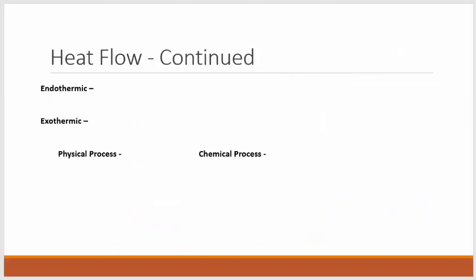All right, let's talk about heat flow now. We're going to describe two terms here: endothermic and exothermic. The two prefixes, endo and exo, basically mean inside and outside. If something is endothermic, we say that it absorbs energy.